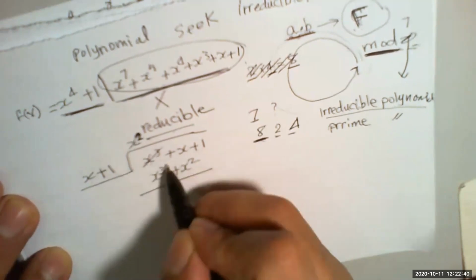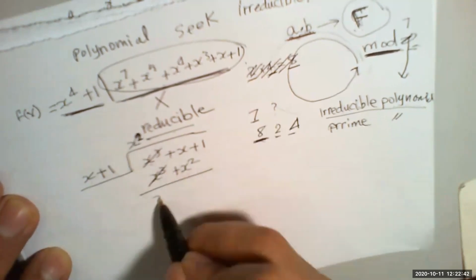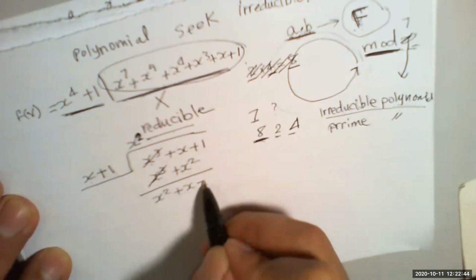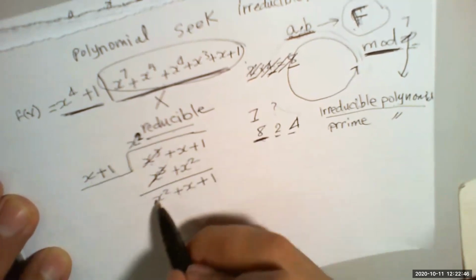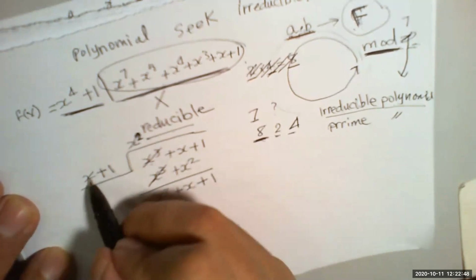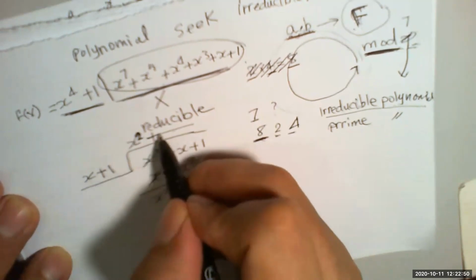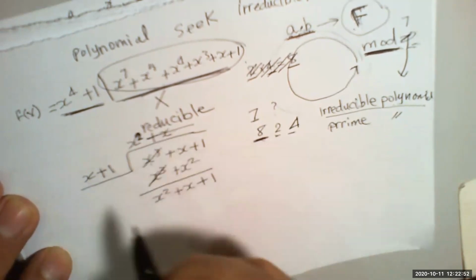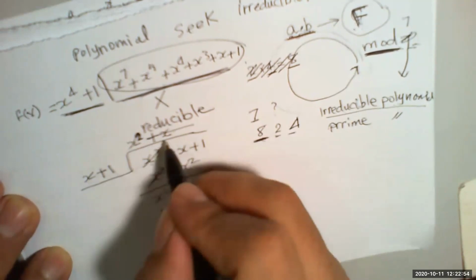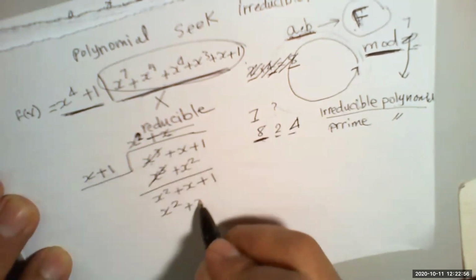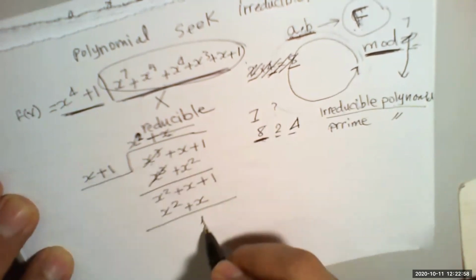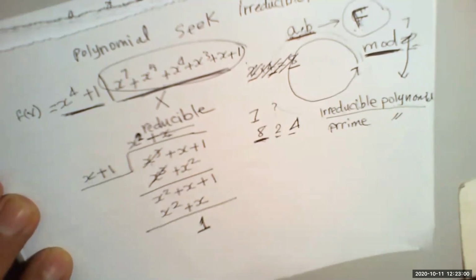Remove this with that, and I have here x squared plus x plus 1. To get x squared here, I have to multiply by x. So this is plus x. x multiplied by x is x squared. x multiplied by 1 is x. So the remainder is 1. I have a remainder of 1.